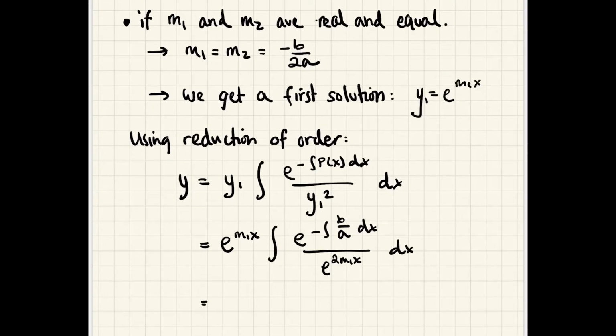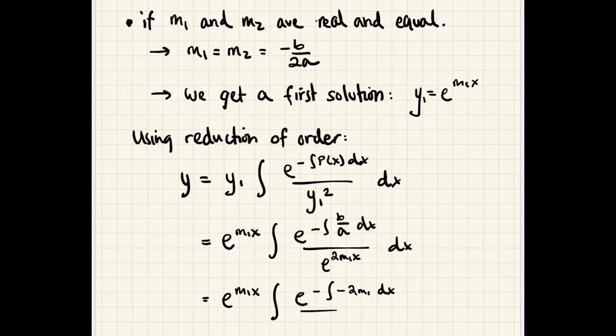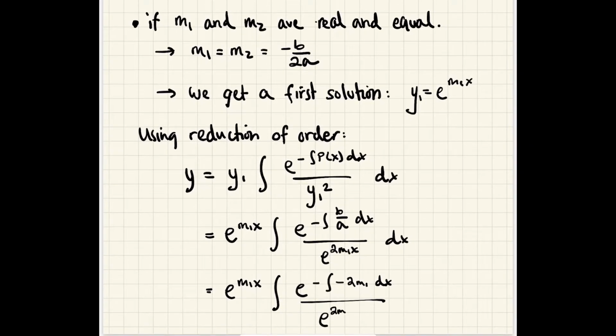Okay, so this is equal to e to the m1x times the integral of e to the negative, well, what's b over a? If we look right here, we can see that b over a is negative 2m1. So let's write that as negative 2m1. And this is all over e to the 2m1x dx.